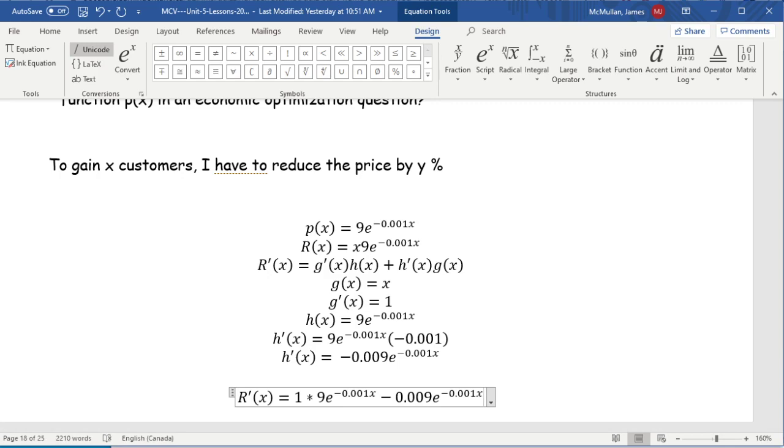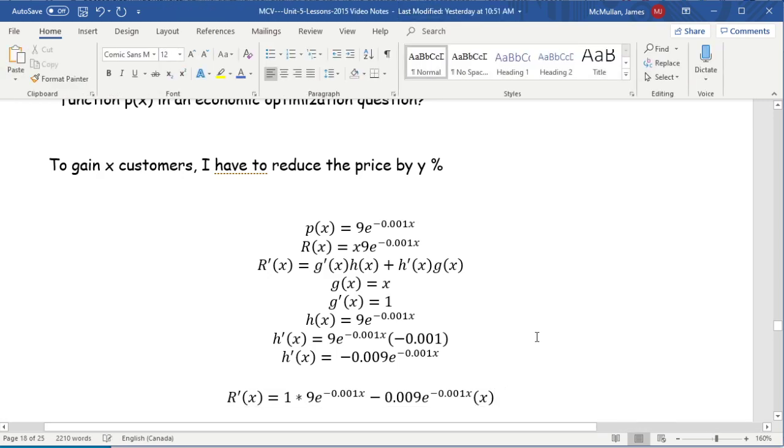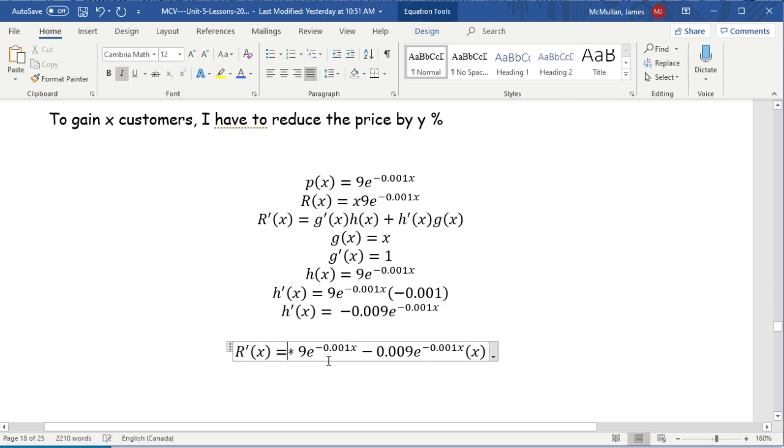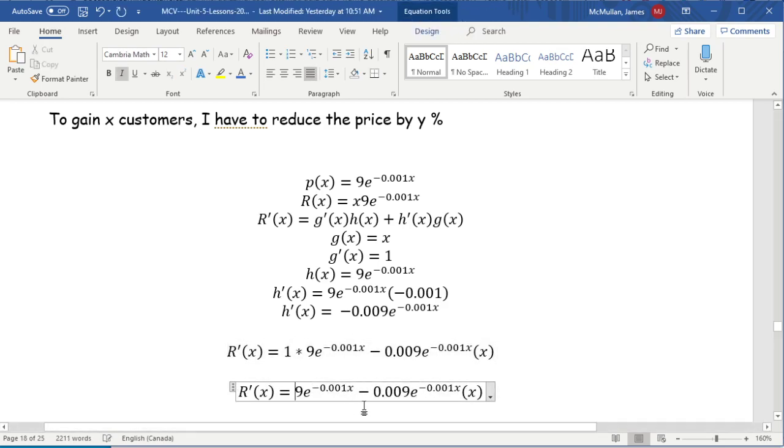And then we multiply all of that by g of x, which is again simply x. Now look at what you see here. Obviously the 1 I can just ditch, because it's not needed.